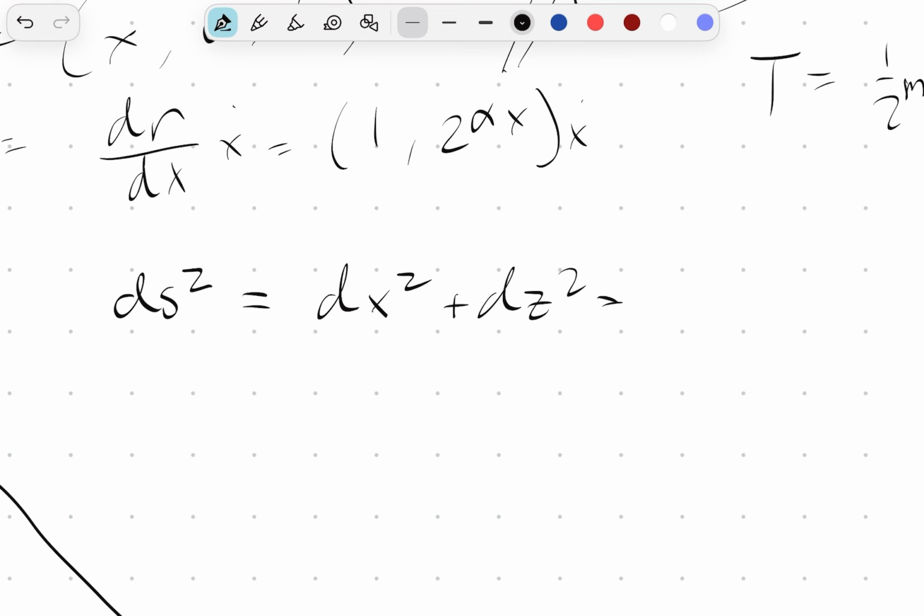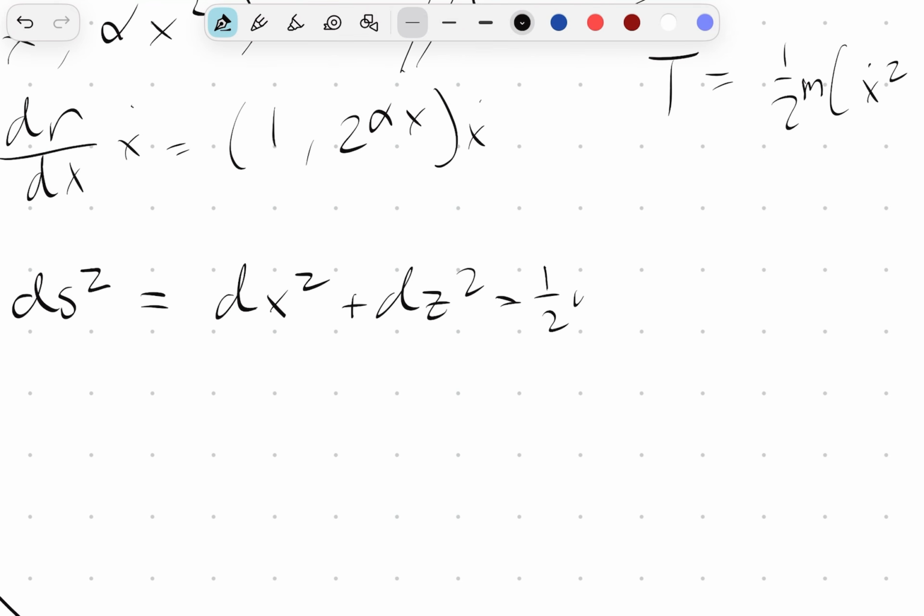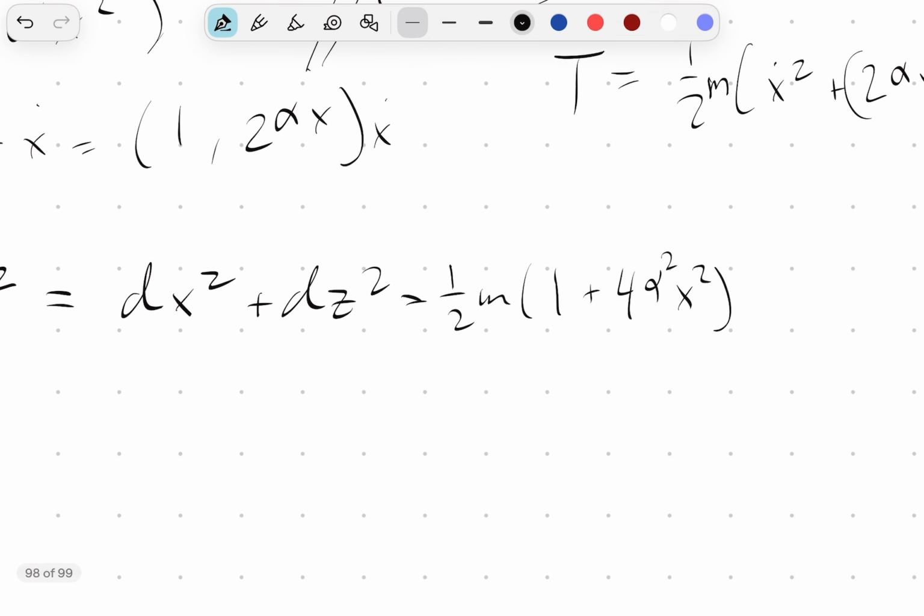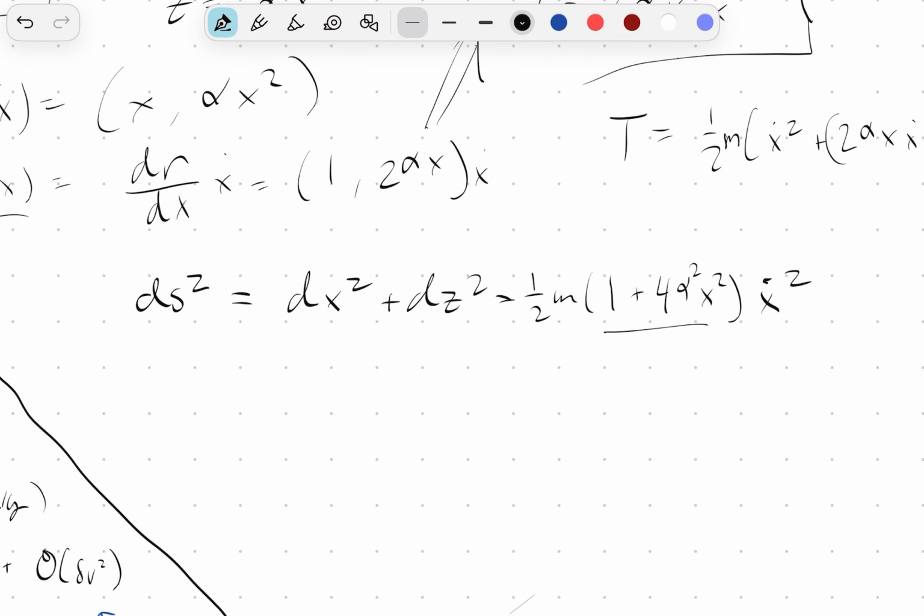But if we were to induce a metric that constrains the particle's motion onto this parabola, we'd get this kind of funny term out here, and this is a metric. This is a Riemannian metric. So it would have a notation like this, 1 plus 4 alpha squared.